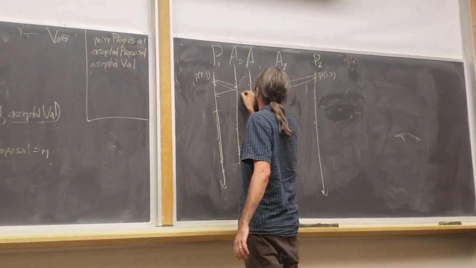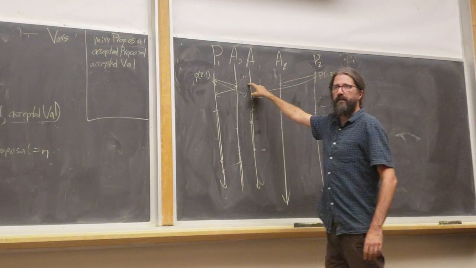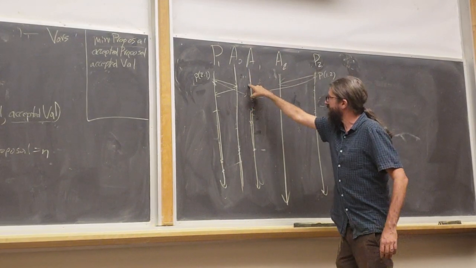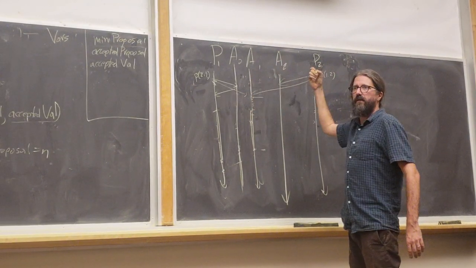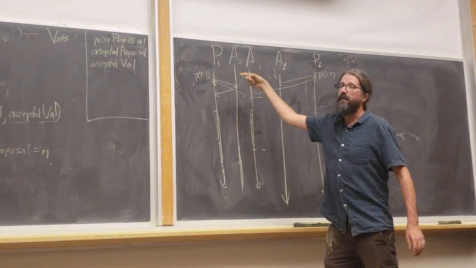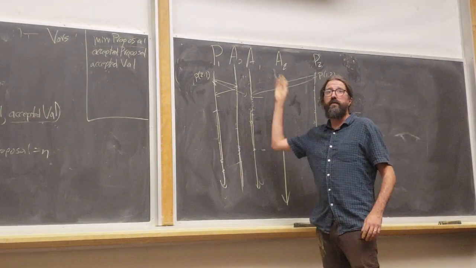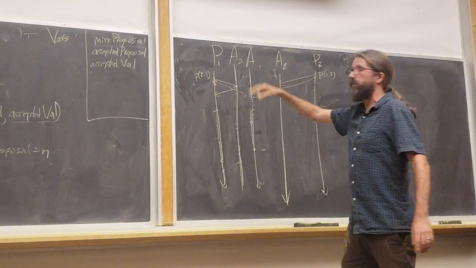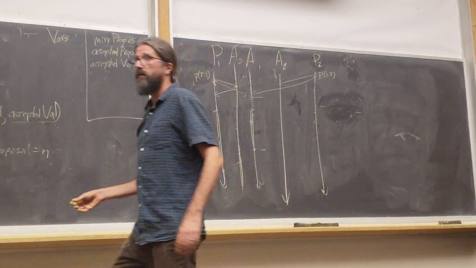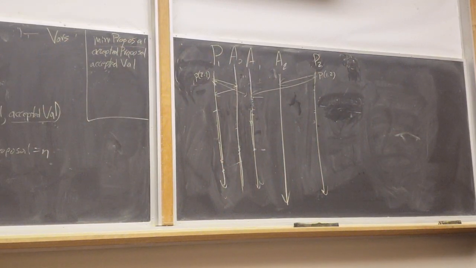And this line has to touch down on this thing, either on this side of this or this side of this. And if it touches down early, this proposal is dead in the water. And if it touches down late, this proposal is dead in the water. In all of these scenarios, only one of these two proposals is going to get past phase 1. Right? Because we don't reply.